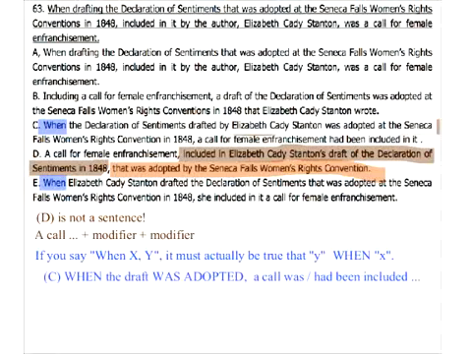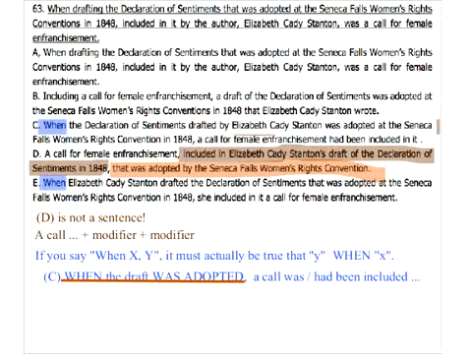I mean, this doesn't make sense, because this must have been done way before when the draft was adopted. This is a much later time frame. So this doesn't make sense.